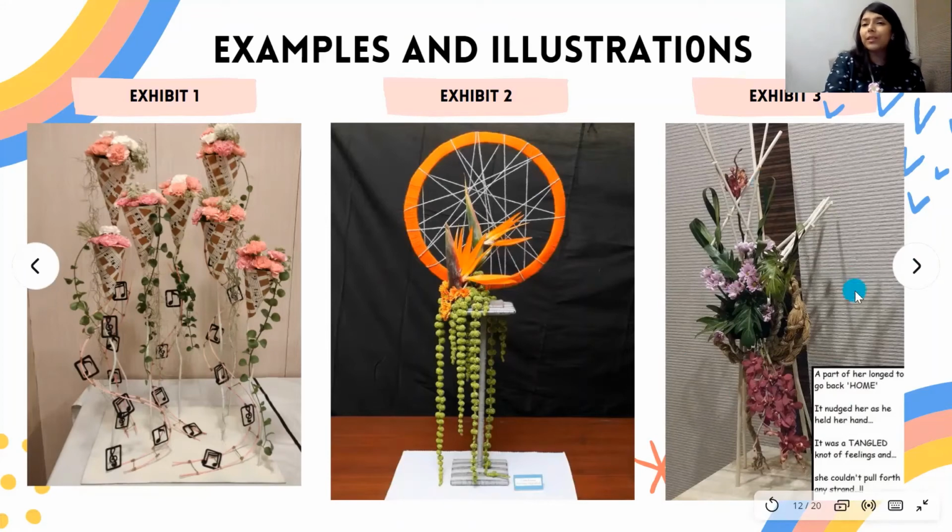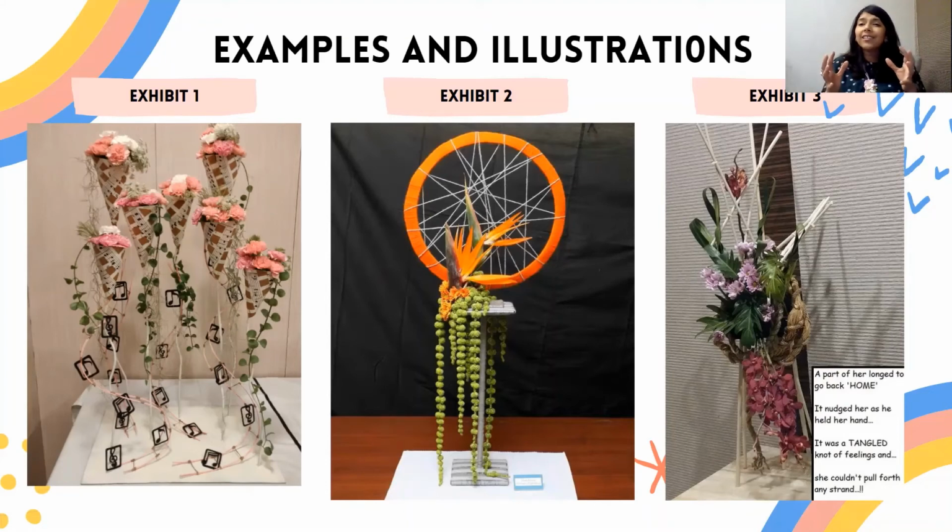The third exhibit is very close to my heart. As you can read, the topic was Tangled, and there's a maroon sticker pocket going below, and a little bit of it going up, as if it is tugging but cannot pull apart. It represents a tangled knot of emotions of a girl who's newly married.